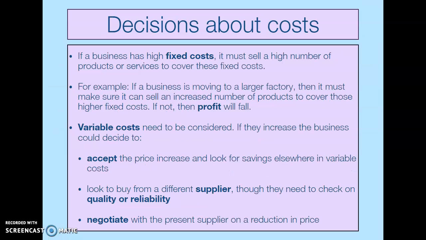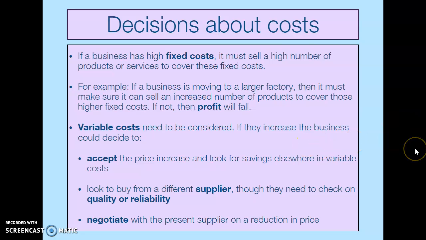So if a business has high fixed costs, it must sell a high number of products or services to cover these fixed costs. For example, if a business is moving to a larger factory, then it must make sure that it can sell an increased number of products to cover those higher fixed costs. If not, then profit will fall.